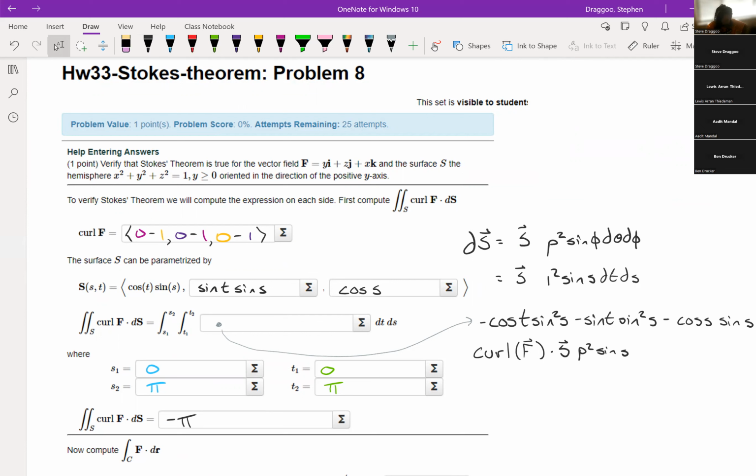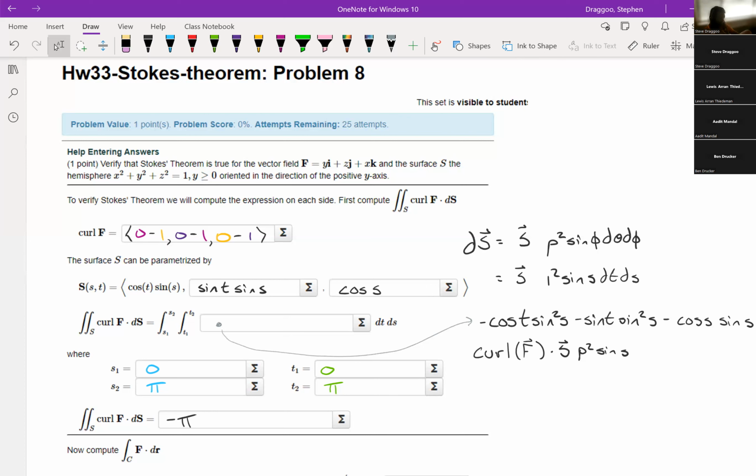T and S are the two variables that WebWork tells me I've got to use. But I want to be thinking about theta and phi. T for theta, S for phi means x will be 1 because our radius is 1, so 1 cosine T times sine S, so cosine theta sine phi.